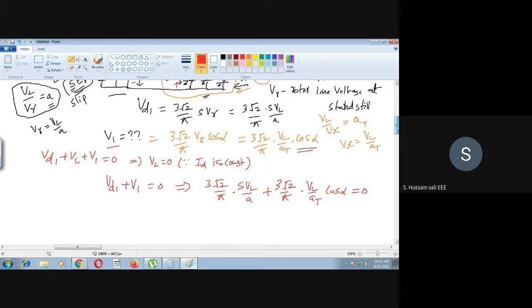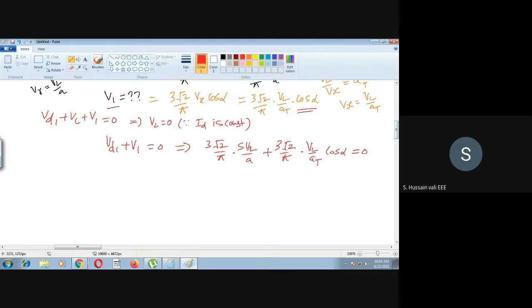Then a few things will get cancelled here. 3 root 2 by pi VL. So I will write here S by A plus cos alpha by AT is equal to 0. So from this, I will write S is equal to minus A by AT into cos alpha.